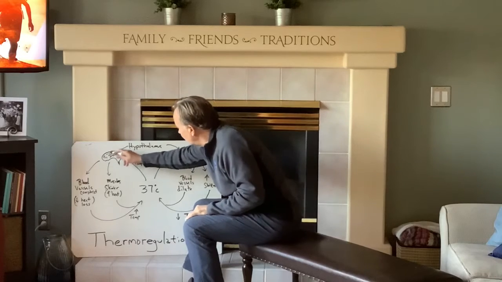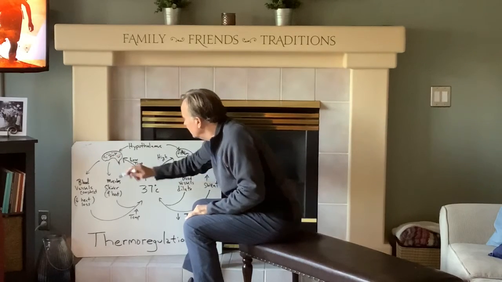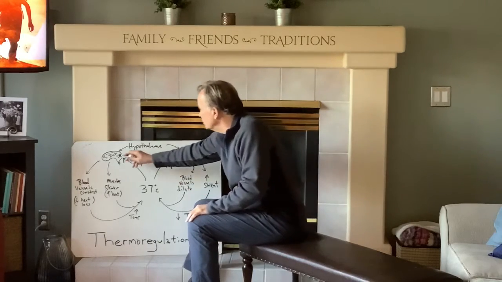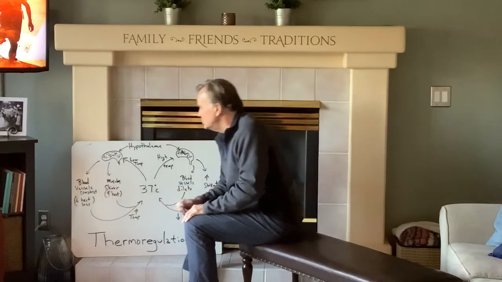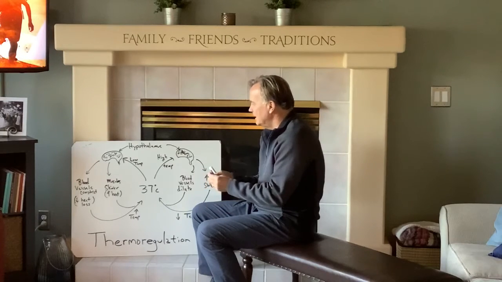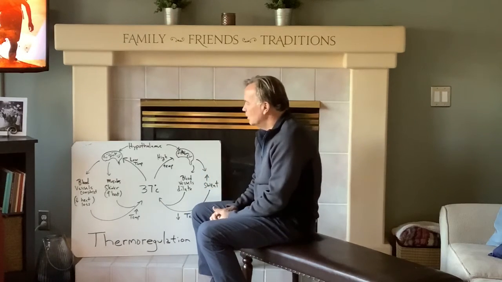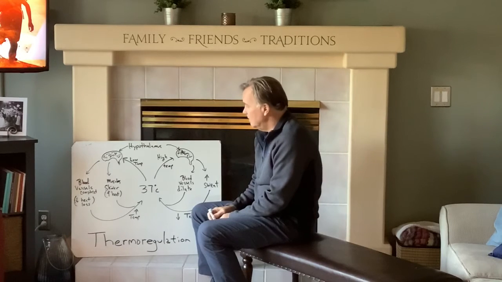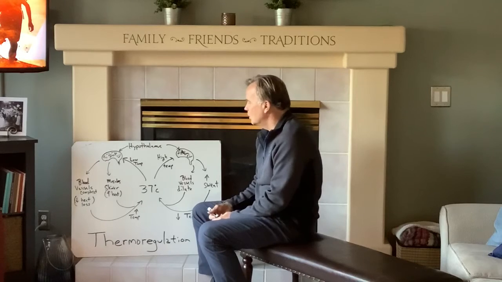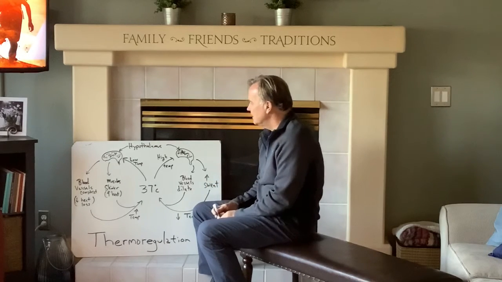If it's got too low a temperature, of course this is your brain here, brain stem, middle of the brain, you have that hypothalamus. It's going to send nerve signals to your blood vessels to constrict. That's why blood vessels constrict, especially in your extremities, which will decrease the amount of blood to the skin layers, which of course is going to decrease the amount of heat loss.